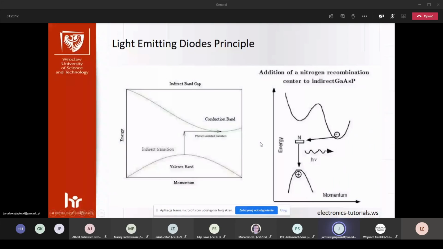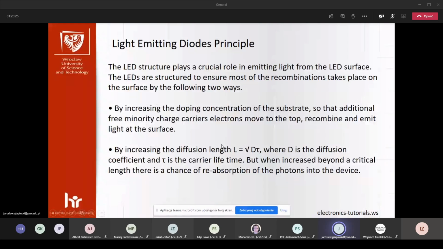So this is the principle of operation. Of course, in real life the LED structure plays a crucial role. The structure of this sandwich plays a crucial role in emitting light, because we need very thin layers, because the light must go out of this element.